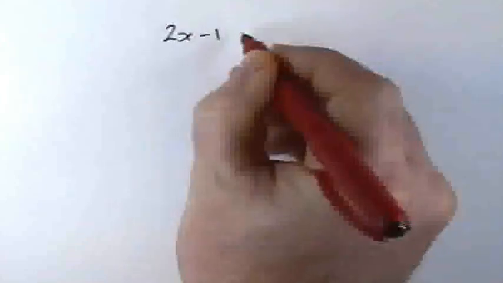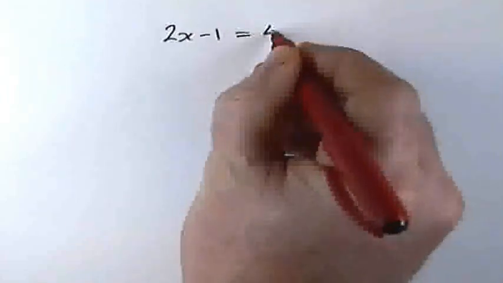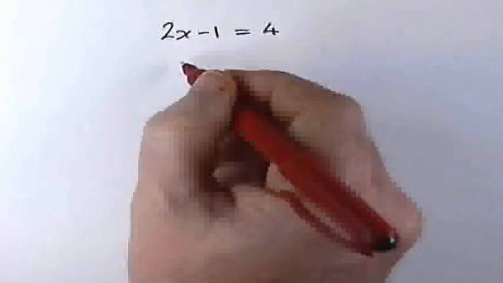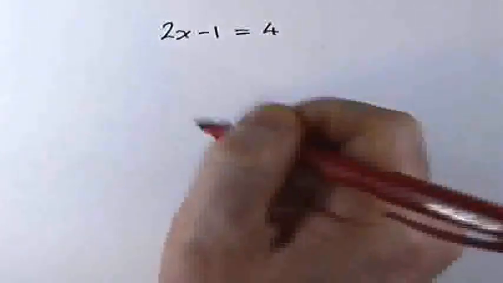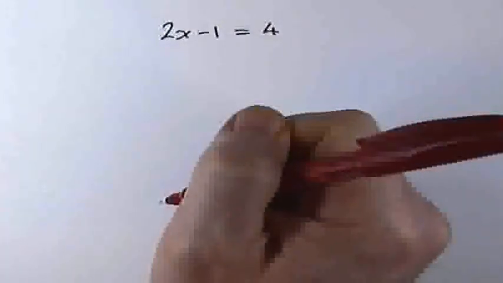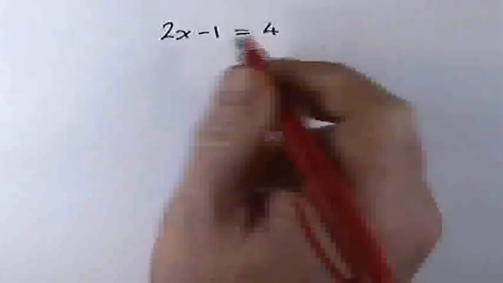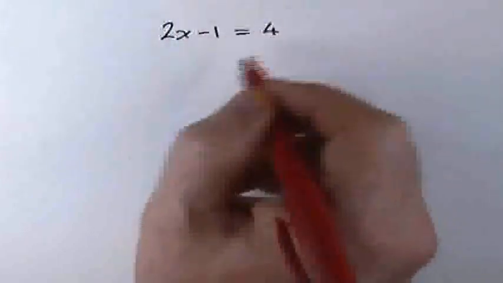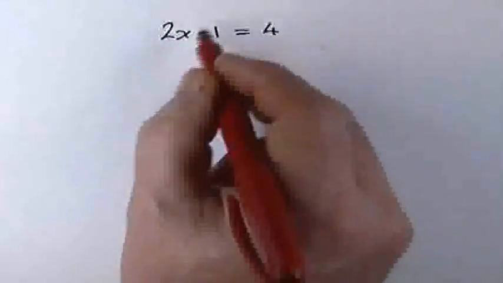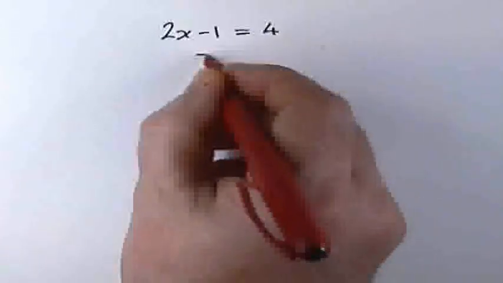If you remember in the previous video on method 1, we're using a method with the idea of balancing. Whatever we do to one side of the equation, we do to the other. So in this particular question, I want you to try and solve that by using that method. We've got to add 1 to both sides first.